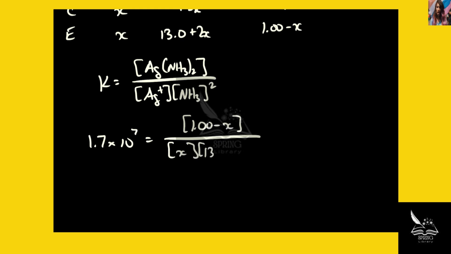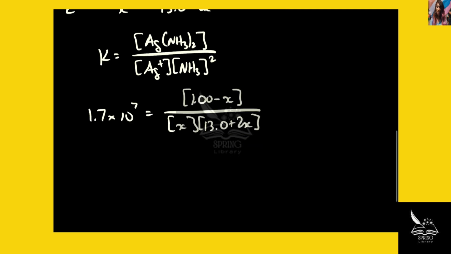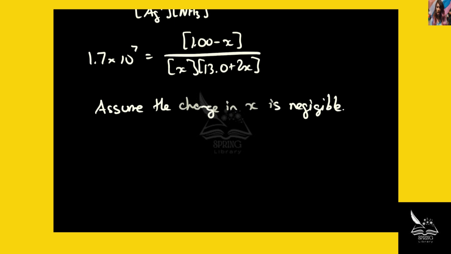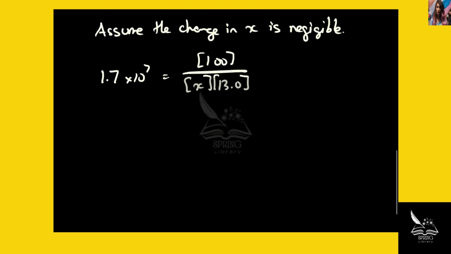We have 1.00 minus x and 13.0 plus 2x, and we're going to assume the change in x is negligible. Therefore, this equation becomes 1.7 times 10 to the 7 is equal to 1.00 over x times 13.0 squared. Solving for x, we find that this is equal to 3.5 times 10 to the negative 10.